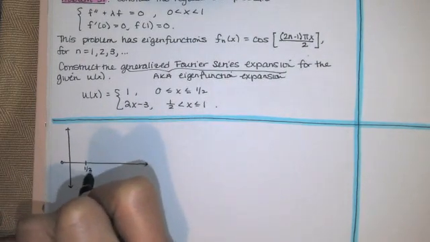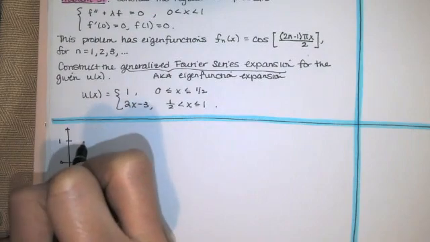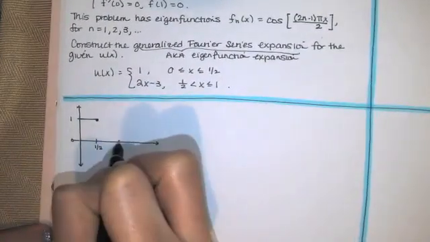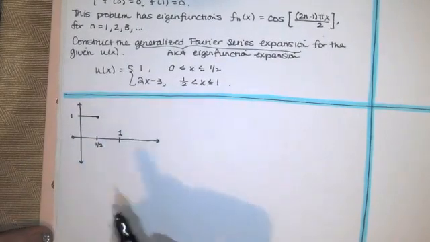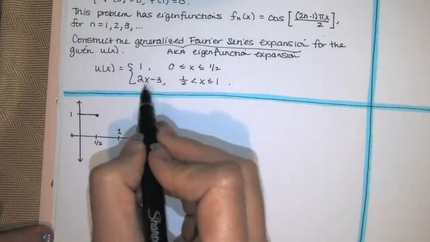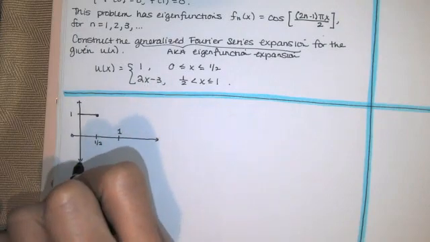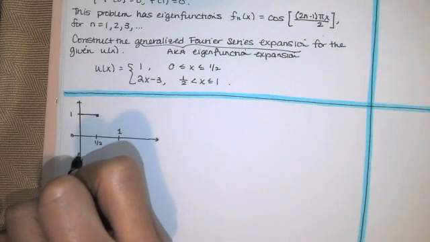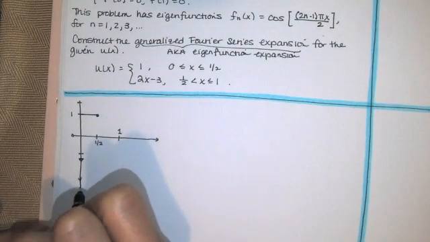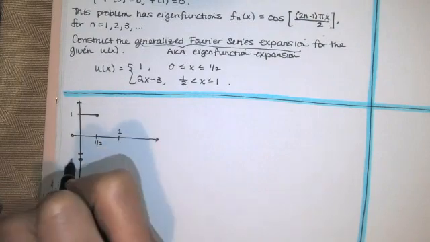And on the interval from 0 to 1/2, the function value is 1. And on the interval from 1/2 to 1, well, at 1/2, we've got 2 times 1/2 is 1. 1 minus 3 is -2. Trying to make this at least close to scale.